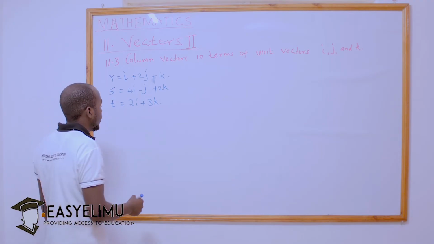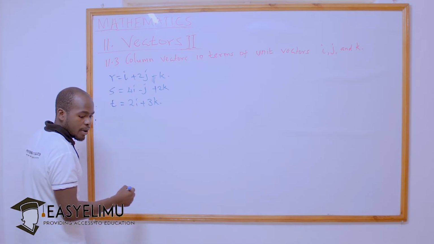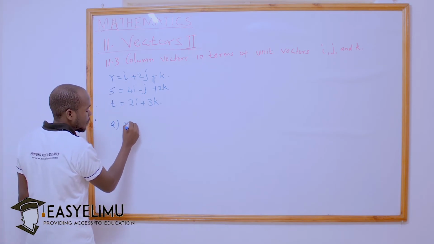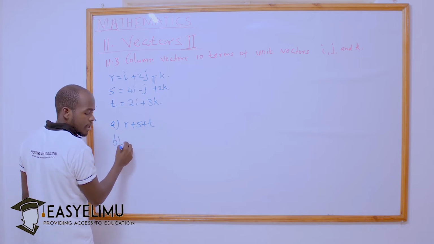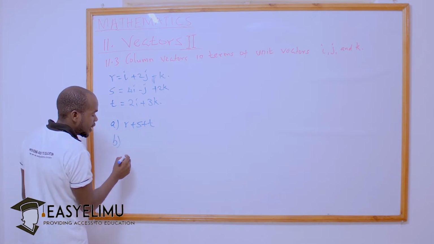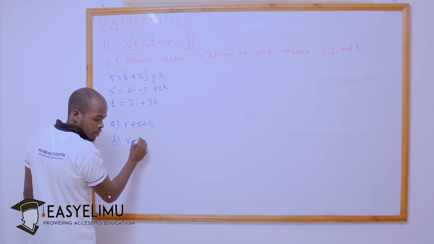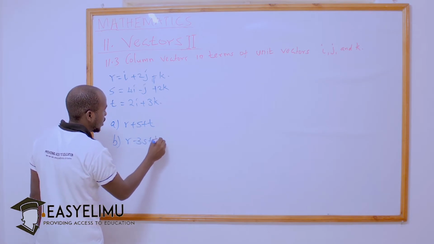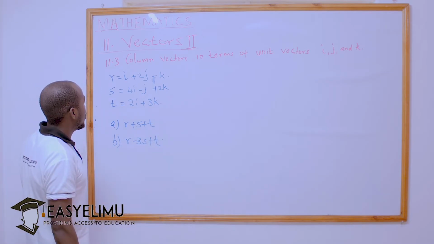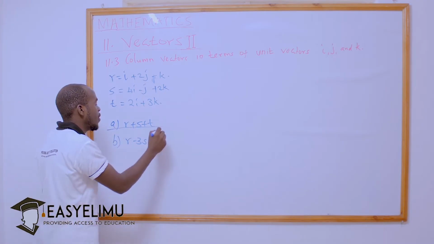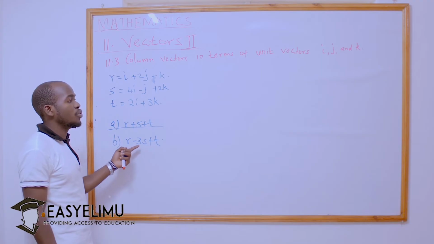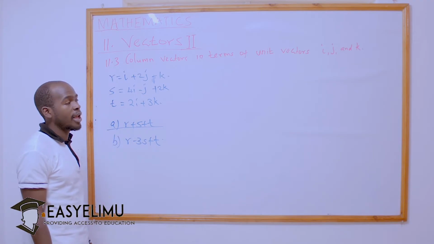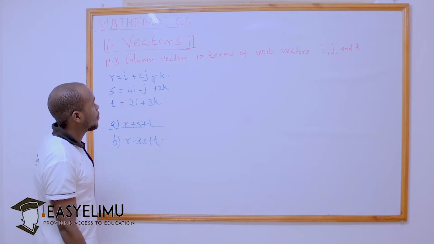We need to find A, R plus S plus T, and B, R minus 3S plus T. What I will do here, I will do the first one. The second one you will have to help with. But remember, a scalar multiple is just doing the same as we did for the earlier one in the previous session.